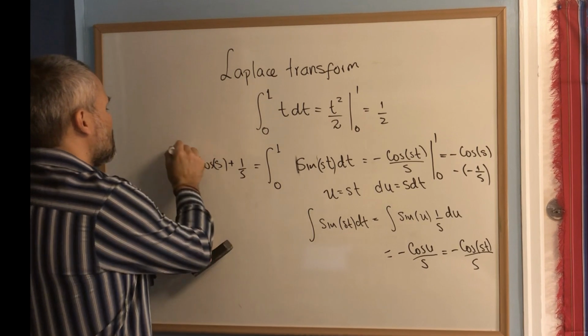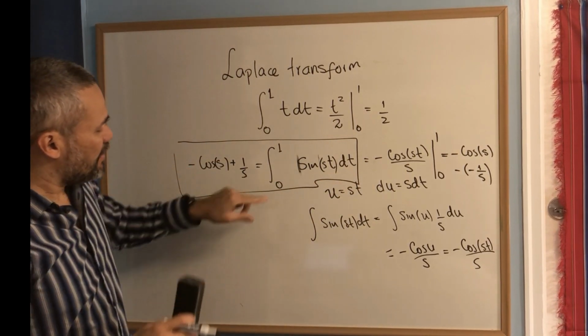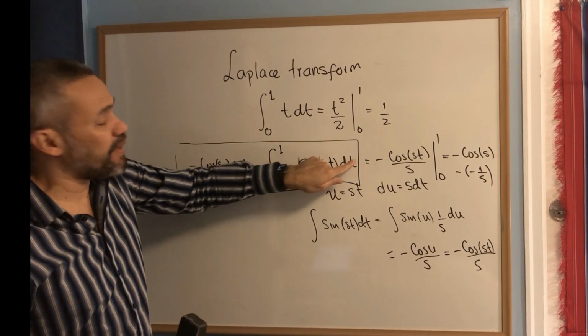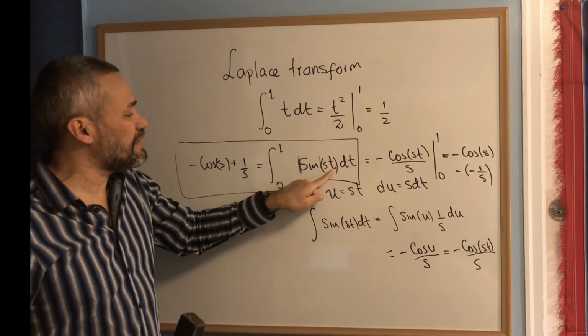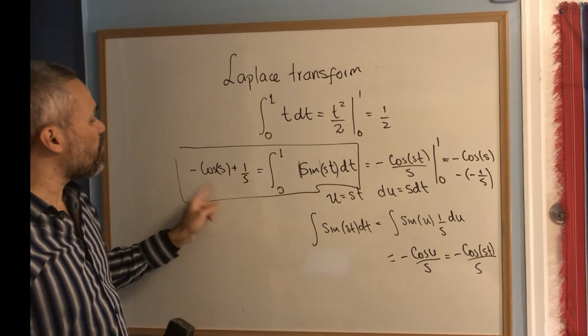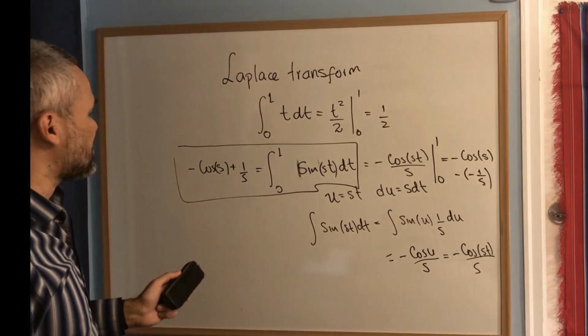Then the whole point with this is that when we have an integral and there are some bounds, some limits, and we are integrating with respect to t, it's like the t disappears and we are left with some function in terms of s. This is what is going to happen with the Laplace transform.